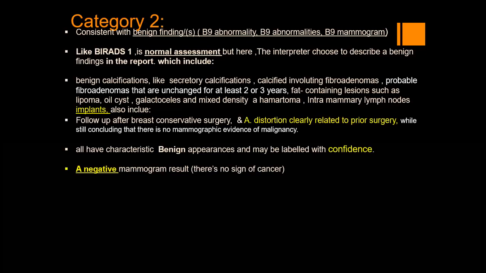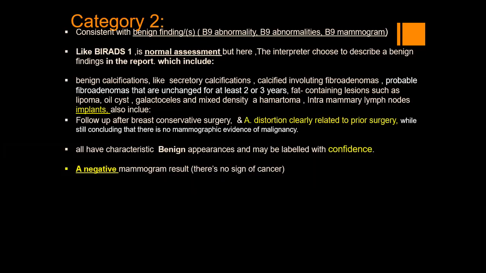Category 2 is considered negative, both in the diagnostic and in the screening setting. It is a negative study. No cancer is there, no follow-up, nothing before the next screening mammography.